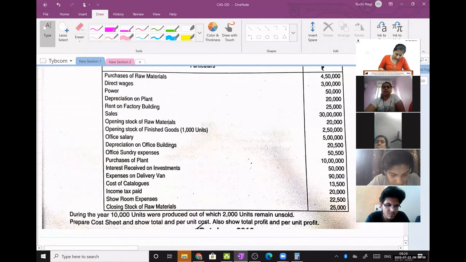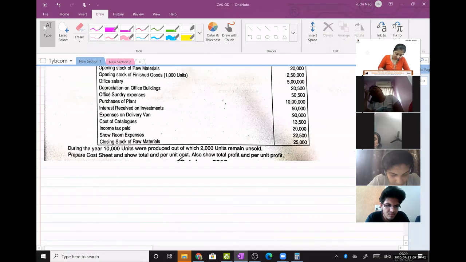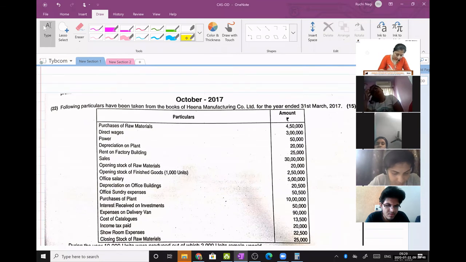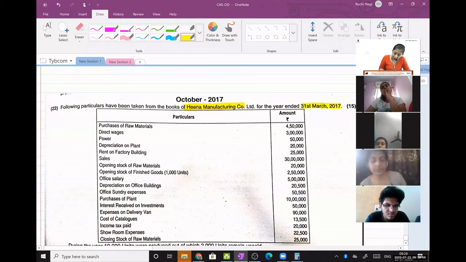So let us discuss this question number 22. The following particulars have been taken from the books of Hina Manufacturing Company. So it will be a cost sheet of Hina for the year ended 31st March 2017.